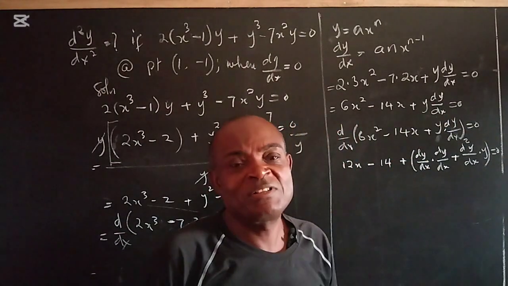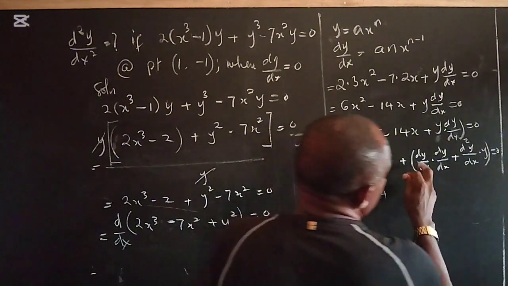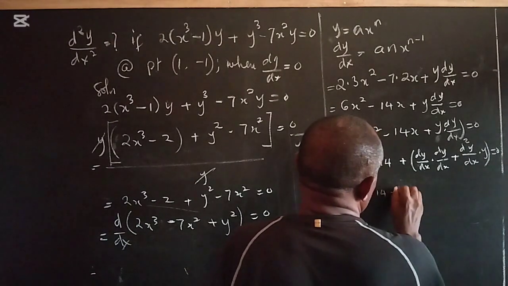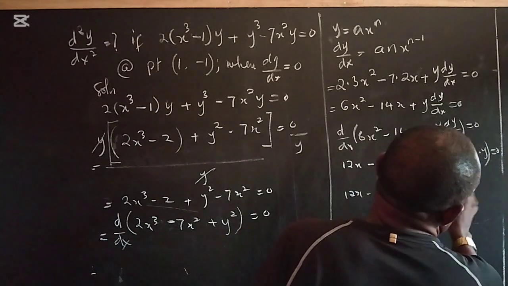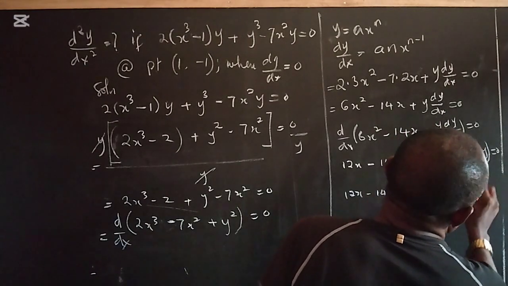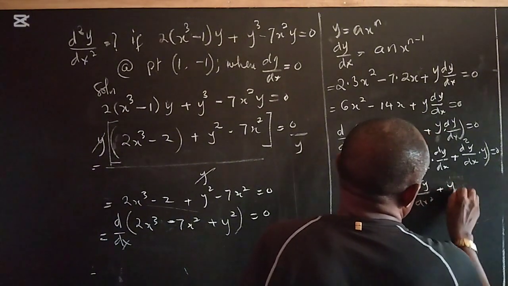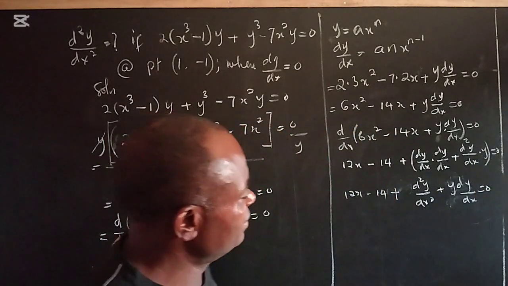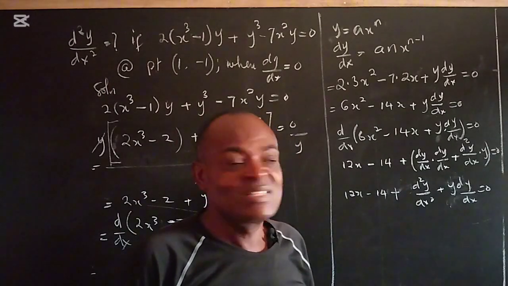Please watch it very well because it's very interesting. So we now have 12x minus 14, plus 2 times (dy/dx) squared, plus 2y d squared y over dx squared, equal to 0. Since we are to find d squared y over dx squared, we have to find a way of making it the subject of the formula.